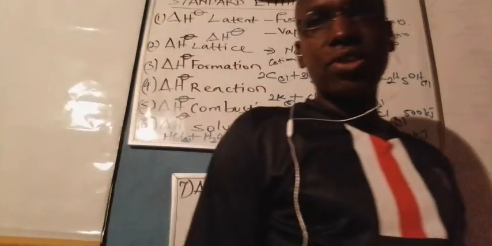Reaction, we have said, is the combining of gaseous ions to form 1 mole of a substance. Combustion, we have said, is the burning of 1 mole of a substance in excess oxygen. Solution, we have said, is the dissolving of a substance in a solvent representing 1 mole of the reactant. And neutralization, we have said, is the combining of an alkali with an acid to form a salt and water.